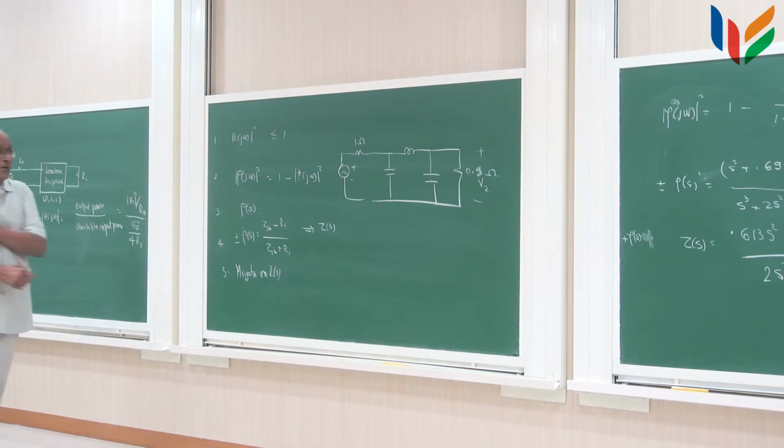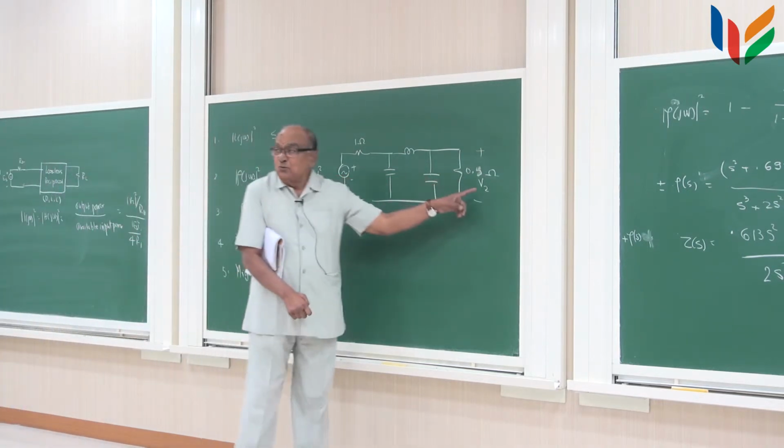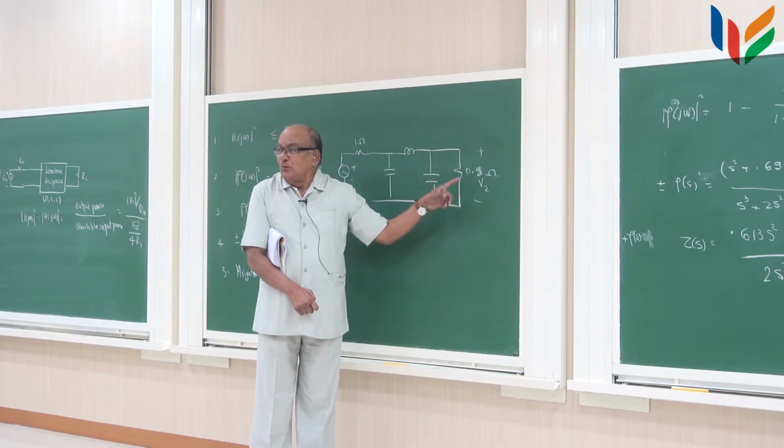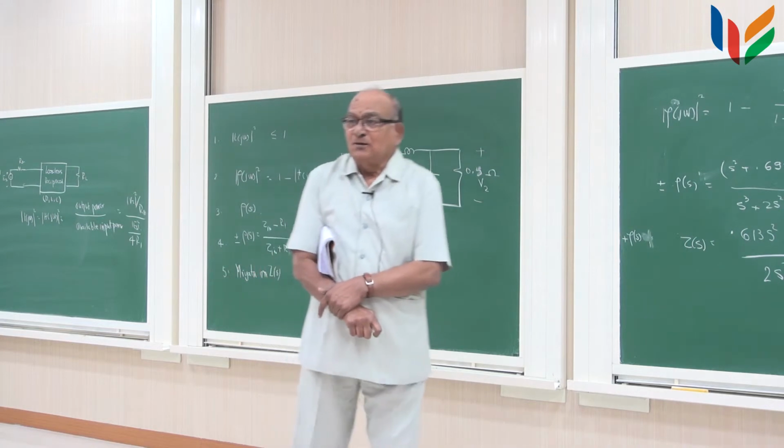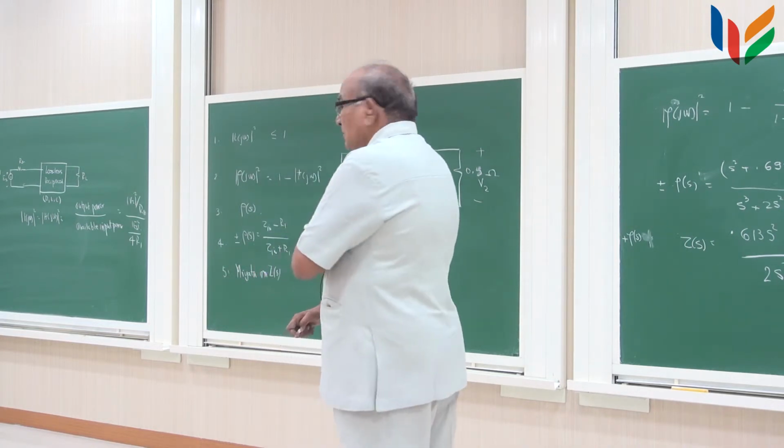But this resistance is what we originally started with, 2 ohms, but now it becomes half ohm, which is not satisfactory because I want 2 ohms here. So what do I do?